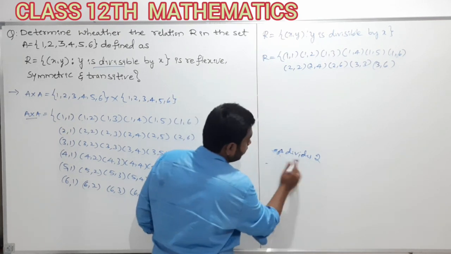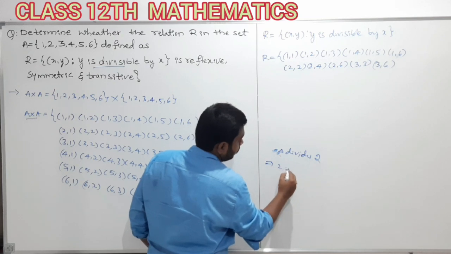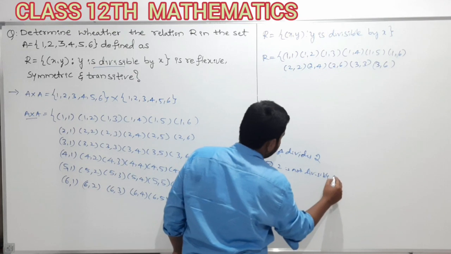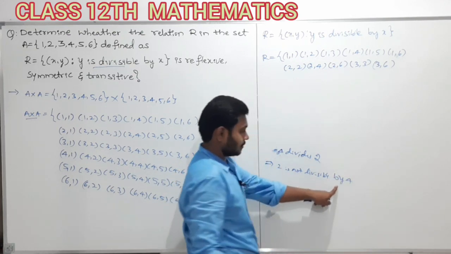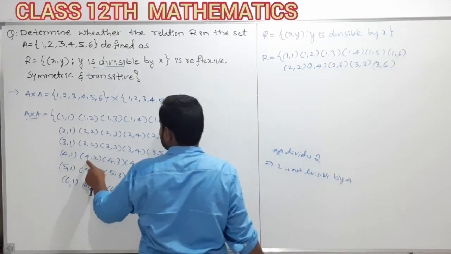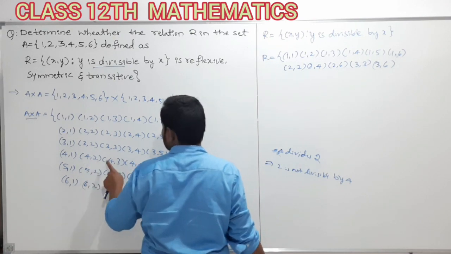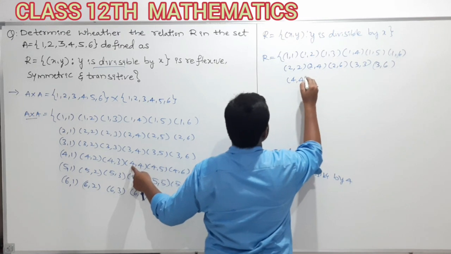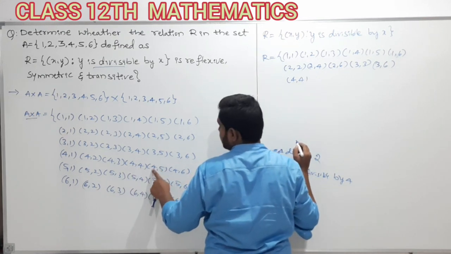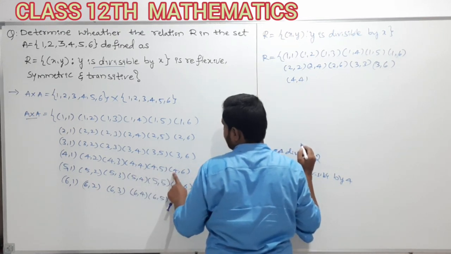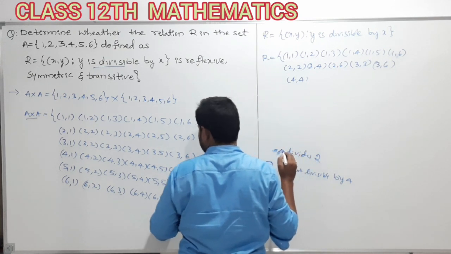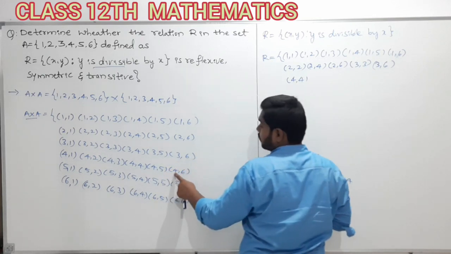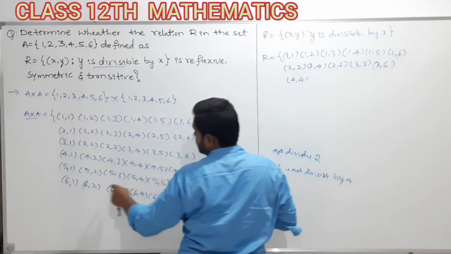So this implies that 2 is not divisible by 4, and we should not take it. 3 is not divisible by 4, but 4 is divisible by 4, because every number is divisible by itself. 5 is not divisible by 4. 6 is also not divisible by 4, because I can't write 6 in the form 4 into some value.